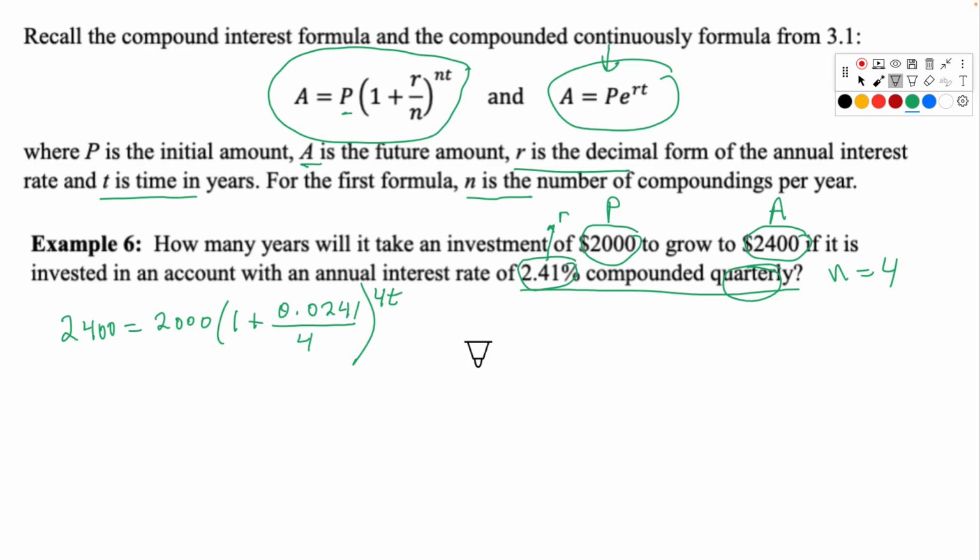Now, that was the first part, getting it set up. Now I use any of the techniques that we've talked about. It's always nice to isolate the exponential, right? So we could divide both sides by 2,000.